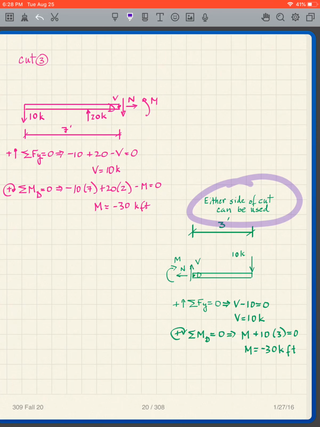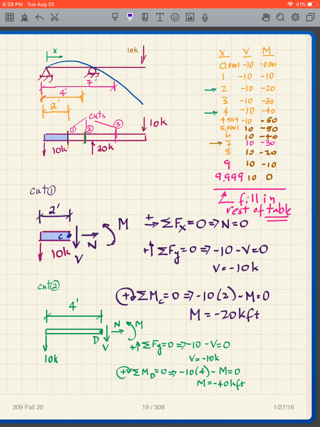Now I can use either side of the cut, but I have to be consistent. So in other words, I make the cut, so there's my cut 3, and instead of using this part of the beam, I can also use this other part of the beam and analyze it.